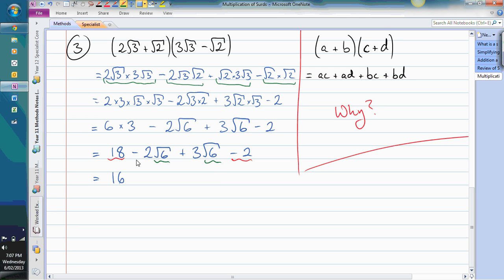So what I've got is negative 2, because the negative, of course, belongs to the 2. So negative 2 plus 3, that's just equal to 1. So this becomes plus 1 root 6. We all know that if we've got a plus 1 out the front, we can just get rid of it. And I've just got 16 plus root 6.